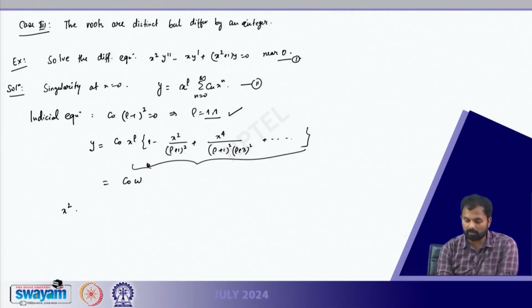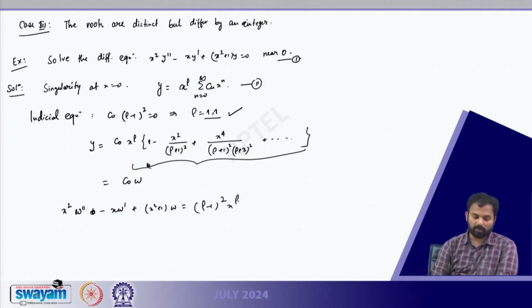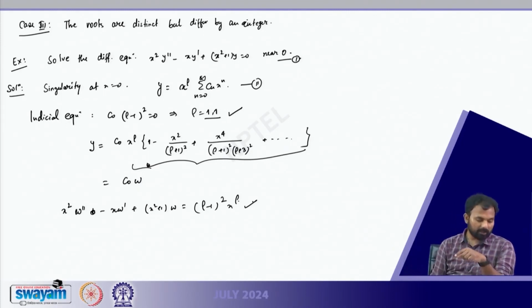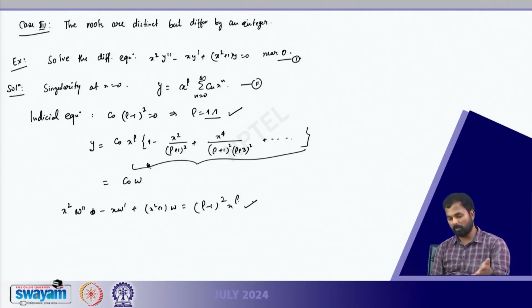So, it will become x squared w double dash minus x into w dash plus (x square plus 1) into w equals to (rho minus 1) whole square into x to the power rho, right. So, this is basically our w equation. Similarly, we can do dw by dx, and we say that at rho equals to 1, it actually becomes a solution.